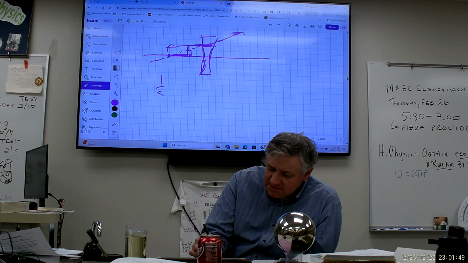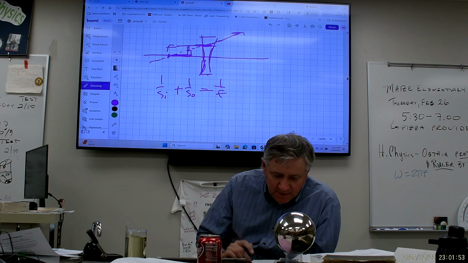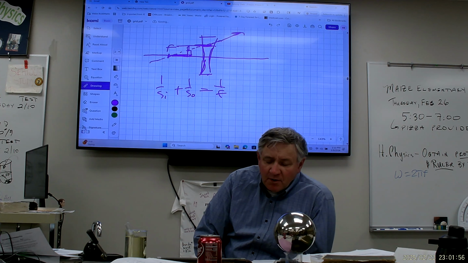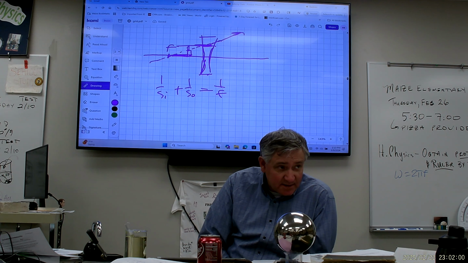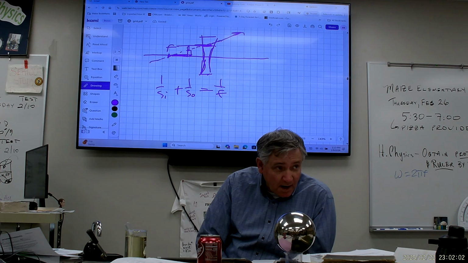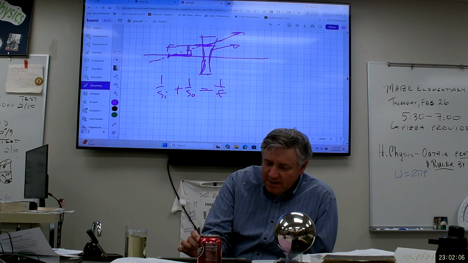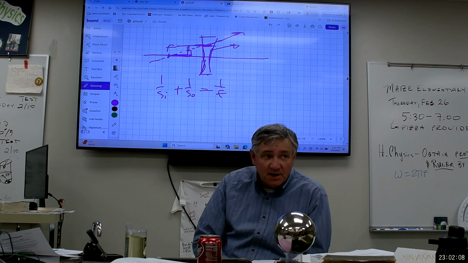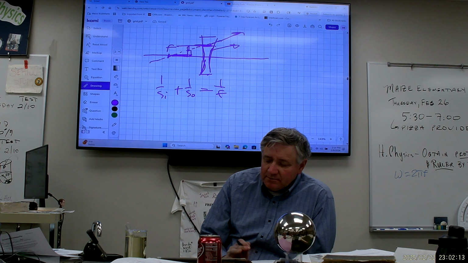Okay? Now, if you go through the math, and let's say you actually wanted to calculate the image distance. So you have 1 over si plus 1 over so equals 1 over your focal length. Now, you have a focal length of 10 centimeters. Yes, but is that positive or negative? Negative, you've got to be careful. Why? Because this is a diverging lens. The light gets spread out. So therefore, your focal length is going to be a negative value.